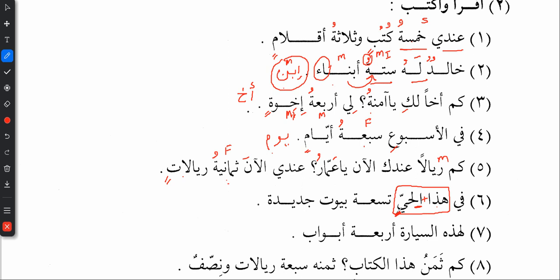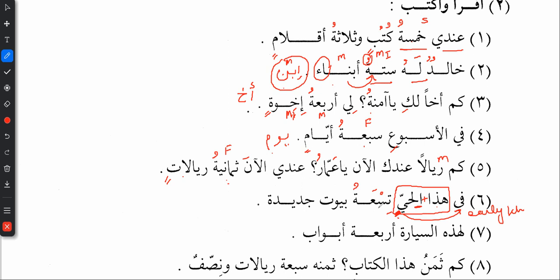The ya takes the kasra because of the harf jar, and this hadha al-hayy becomes one word. So fi hadha al-hayy. Now this is also our early khabar. In this case, we don't have that. We have fi hadha al-hayy tis'a. This is our late mubtada, so it will be marfu.